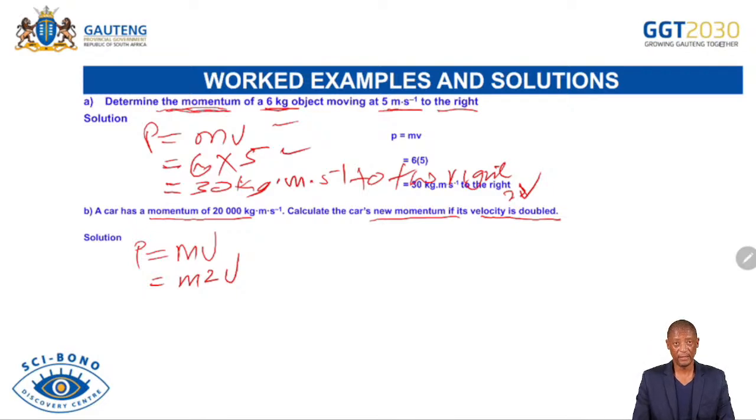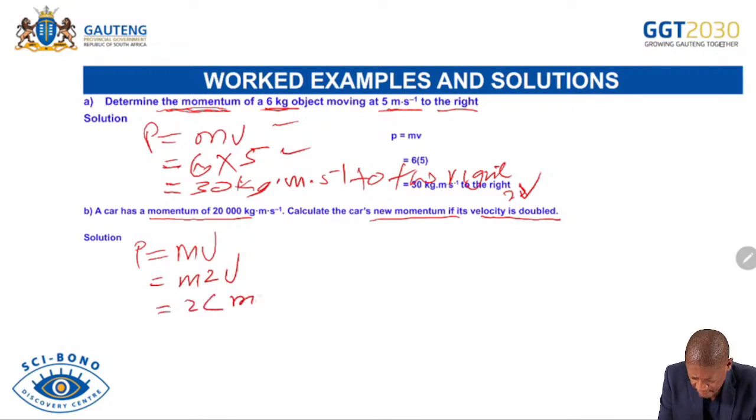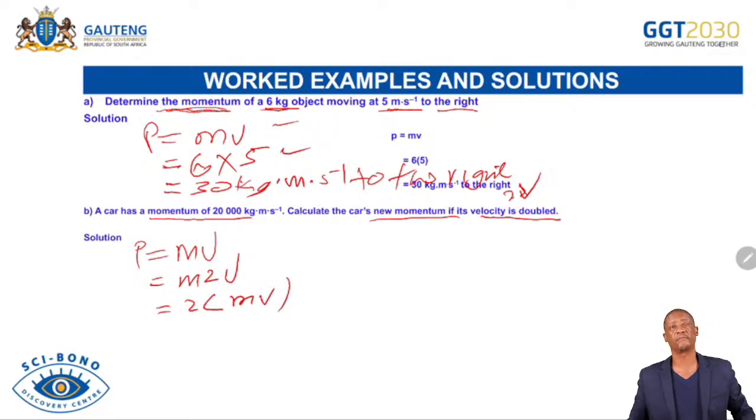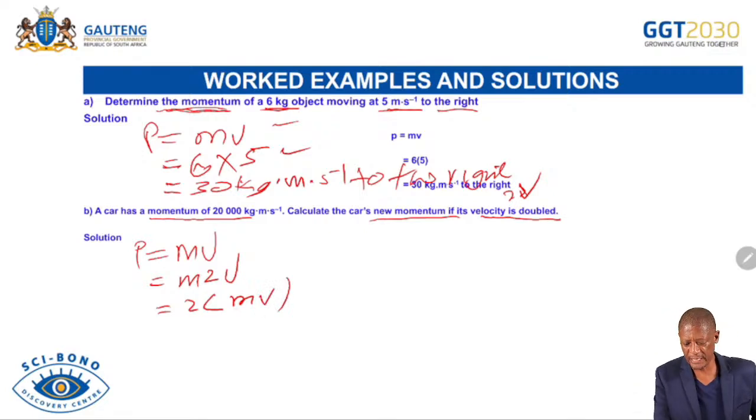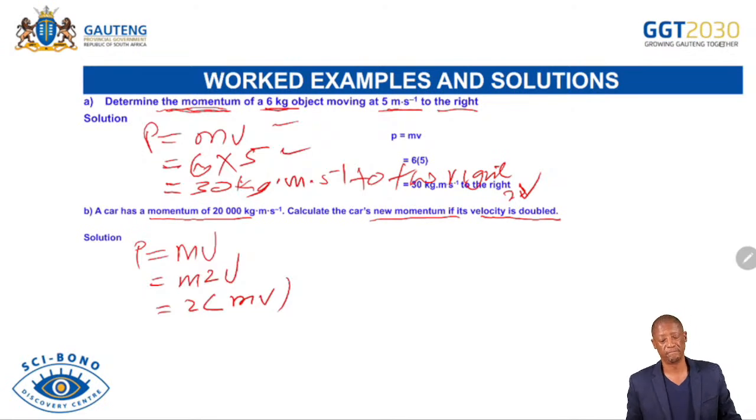Yeah? Now it's clicking, right? Now, what we know further, for us to calculate momentum, we must go back to what? M times V. All right? Now, if we take the 2 out, then we'll have mv. Then we have momentum here. This is our momentum. All right?